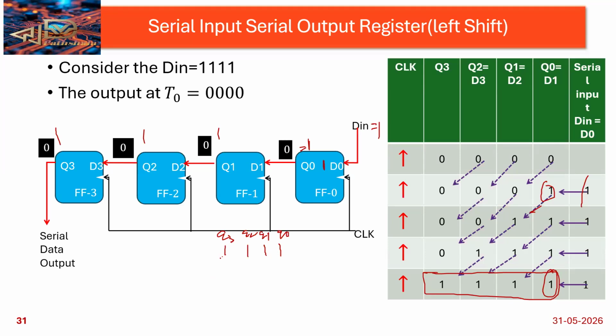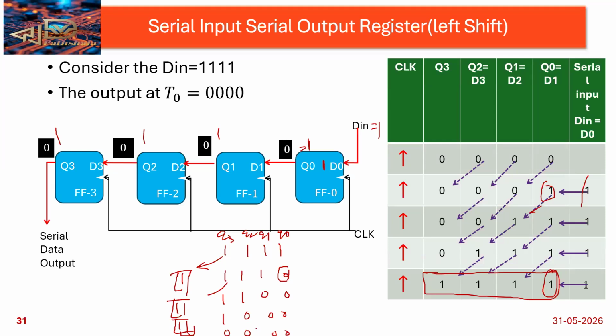Then again this is moved to the right side, and these three are moved to this one. This is 0 again, and one bit is coming out. Then 1 1 0 0 here, and another bit is coming out, 1 0 0 0 here, and another bit is coming out. So all are zeros.